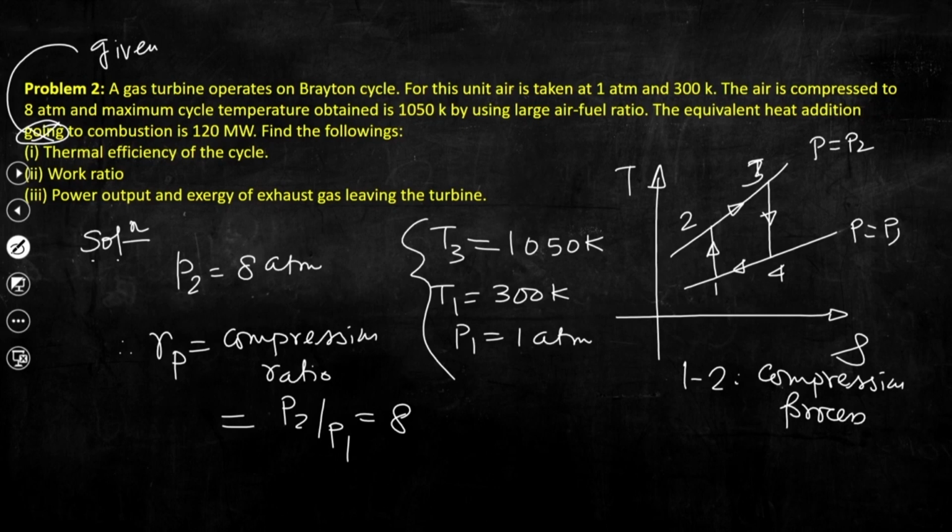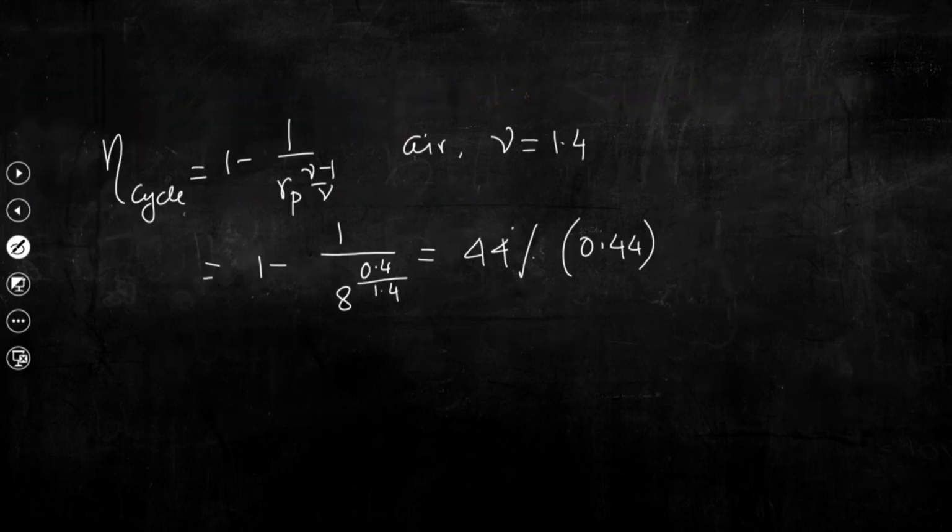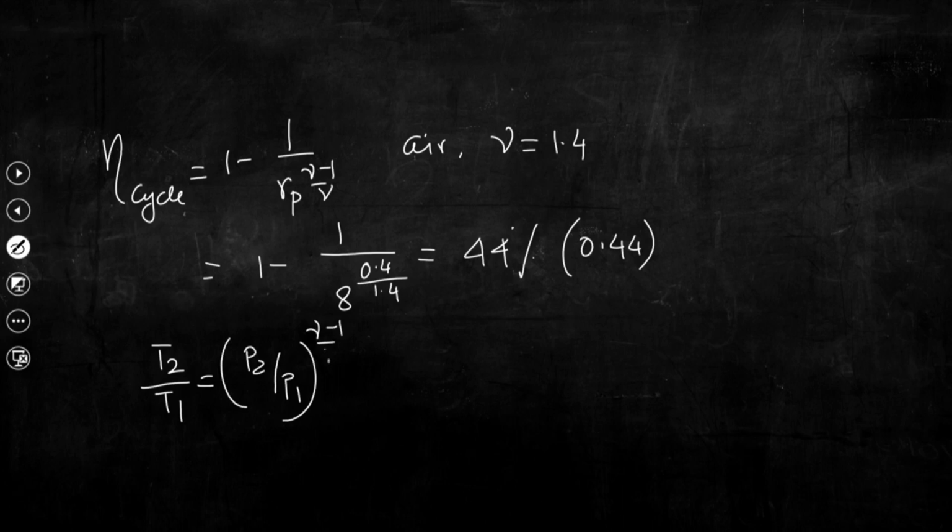Now, from this T-S plane we can also calculate T2 by T1 and T3 by T4, because these two are the compression and expansion using the air standard ideal gas equation. So, T2 by T1 equals P2 by P1 power (gamma minus 1) upon gamma, and P2 by P1 equals P3 by P4, since P1 equals P4.